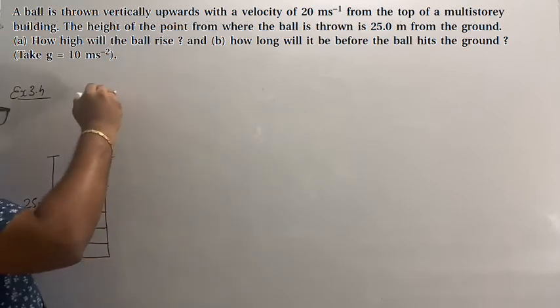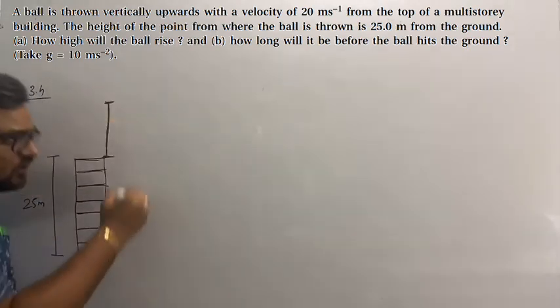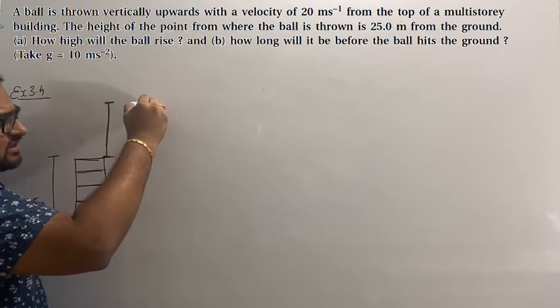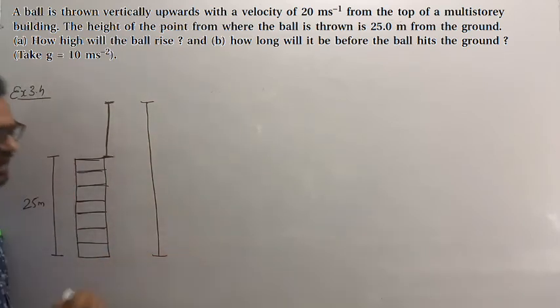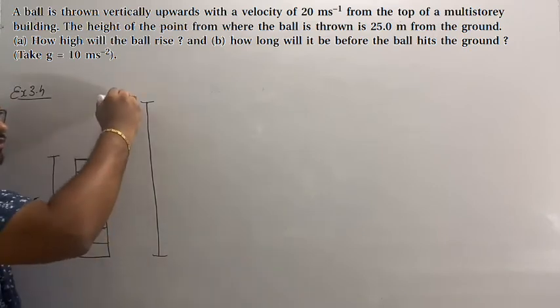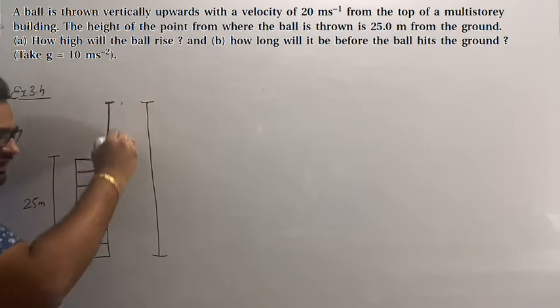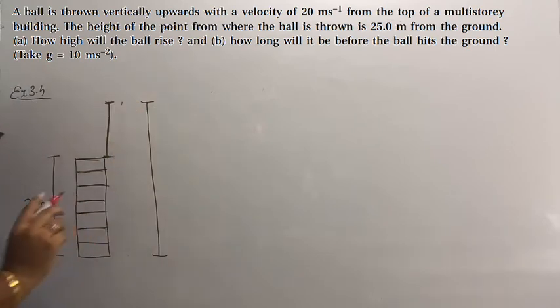After that, what will happen? The ball will fall down. So this is the distance covered by the ball after reaching its top height. So the ball will start from here, move to the top position, and then it will fall down. This is the situation.